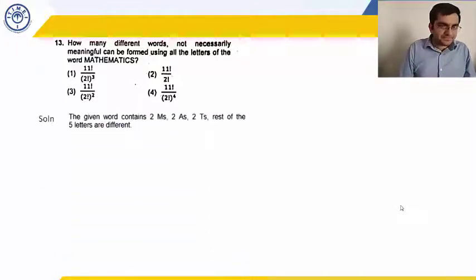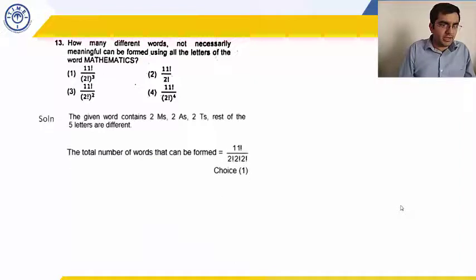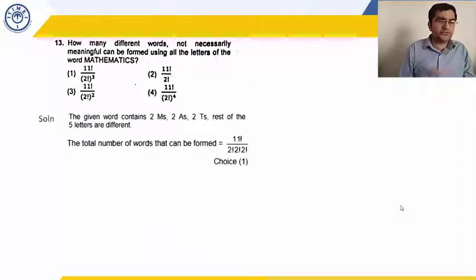Okay, what do we have? We have basically two M's, two A's, two T's, and the rest of the 5 letters are different. 11 letters are there. So the number of ways would be 11 factorial divided by 2 factorial, 2 factorial, 2 factorial. It's just the usage of the formula that we discussed for arrangements containing identical items.